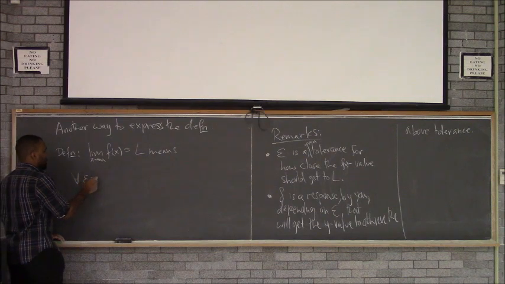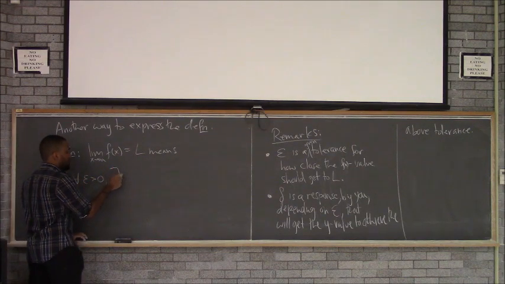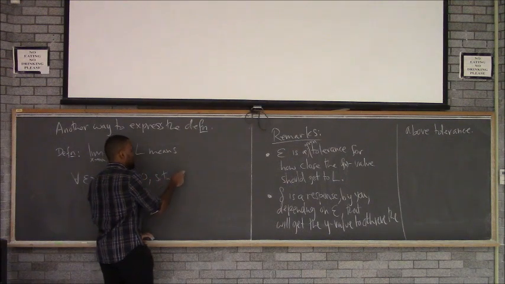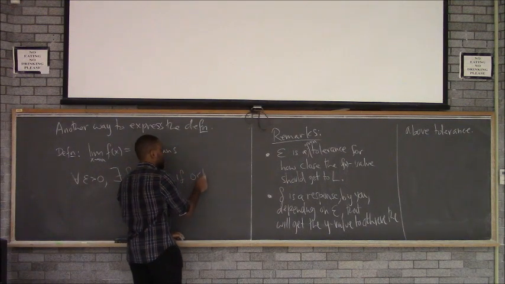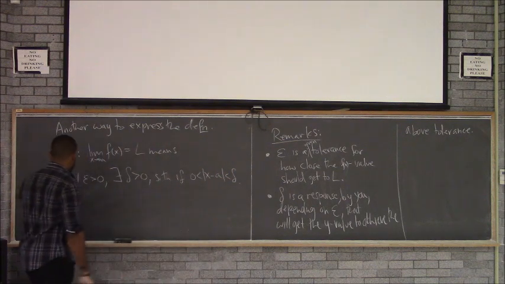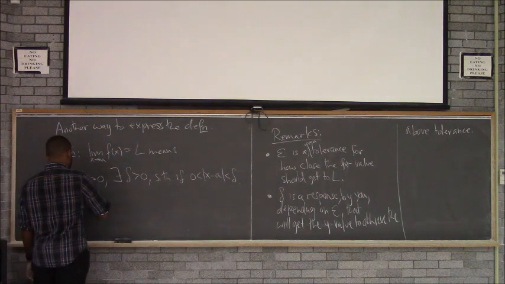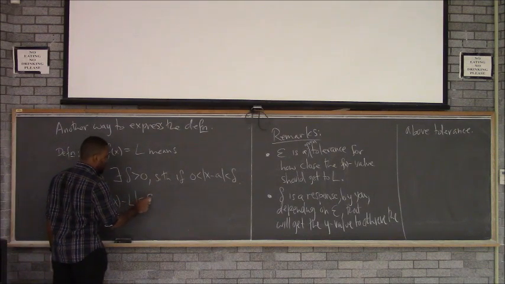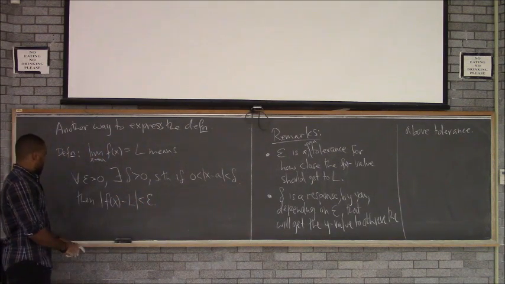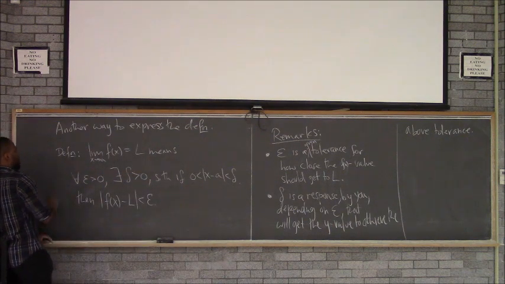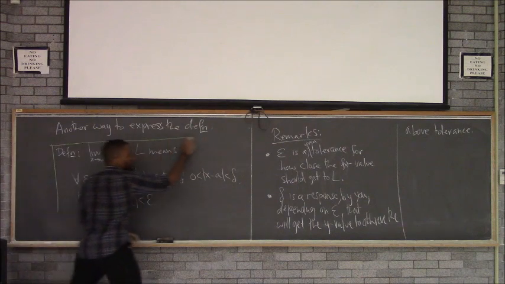For all epsilon greater than 0, there exists delta greater than 0, such that if x is within delta close to a, then f of x will be within epsilon close to L. This is probably what I would remember if I were you, because it's shorter, with less writing.